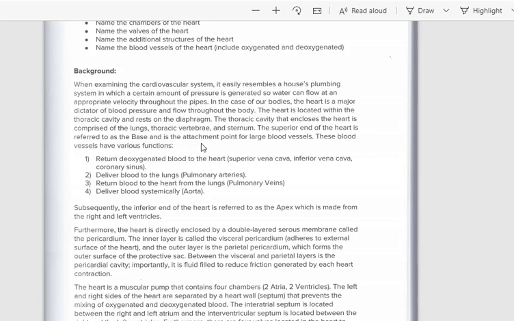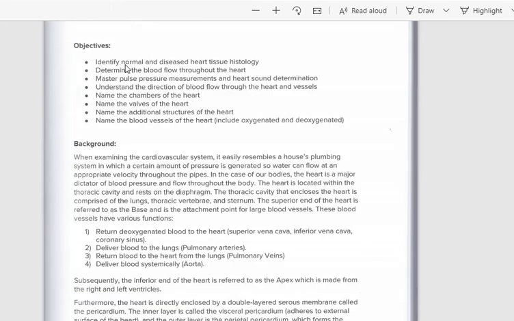And the bottom, which is the little pointy part that points over to the left, is called the apex. And most of us think of the word apex as being the top of something, but apex actually means the pointy part. So apex I can sort of see, but calling the top the base is just confusing as heck.